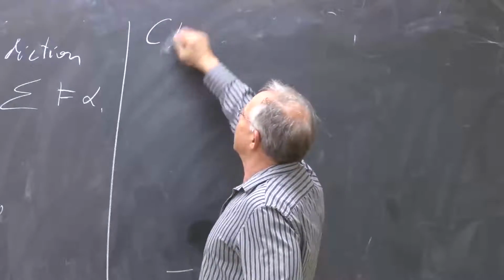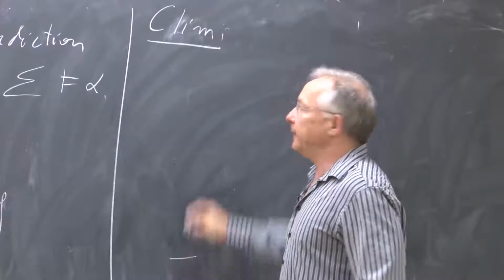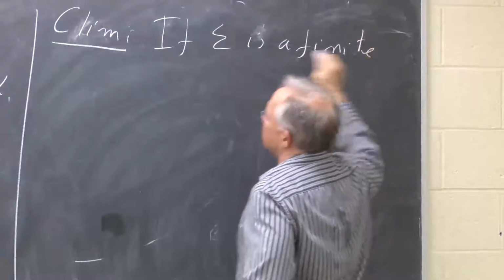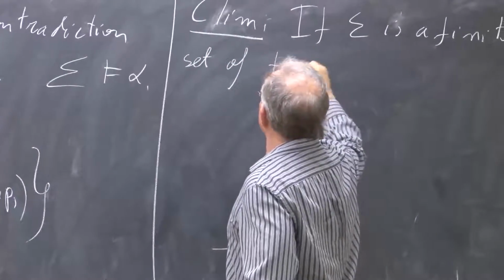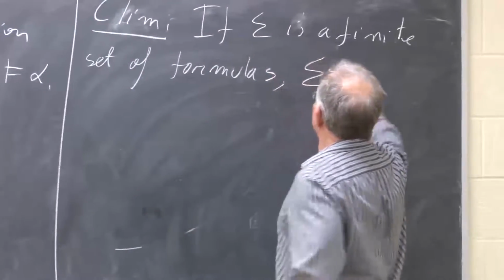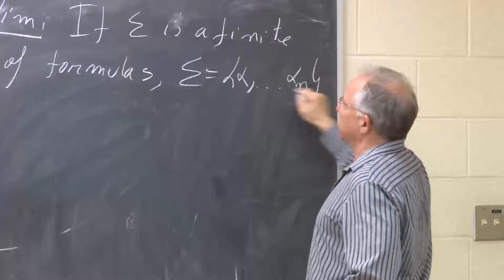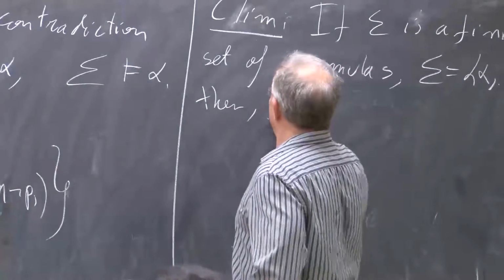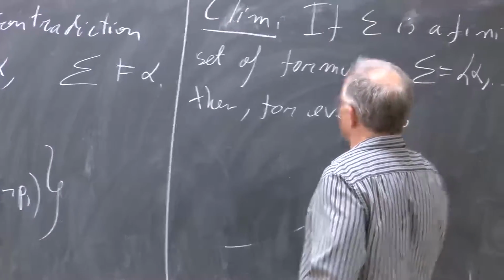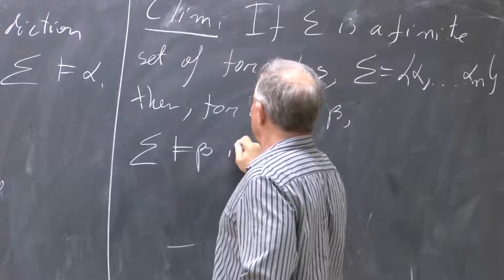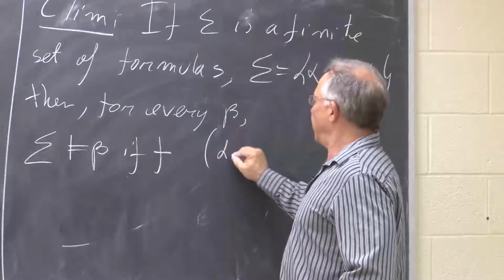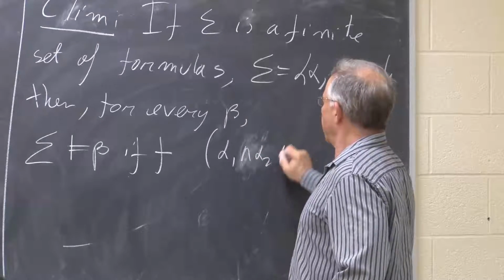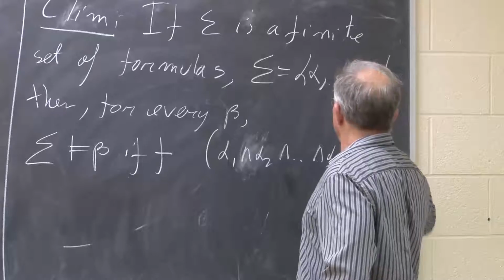So this is a claim that if sigma is a finite set of formulas, namely sigma is some alpha 1 to alpha n, only finitely many, then for every beta, sigma logically implies beta if and only if the formula alpha 1 and alpha 2 and ... and alpha n logically implies beta.